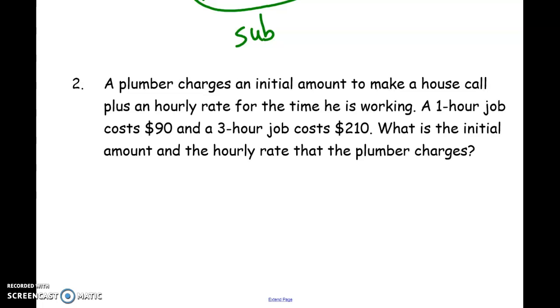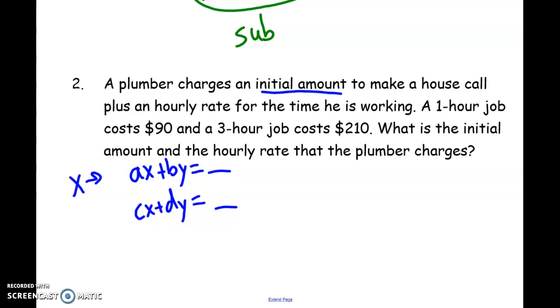All right, so when I'm reading this, what I'm thinking is this represents to me an AX plus BY equals something and a CX plus DY equals something situation here. So again, it helps to identify the variables. Let's say that X is the initial amount, so I'll write that IA, and Y is the hourly rate, HR.